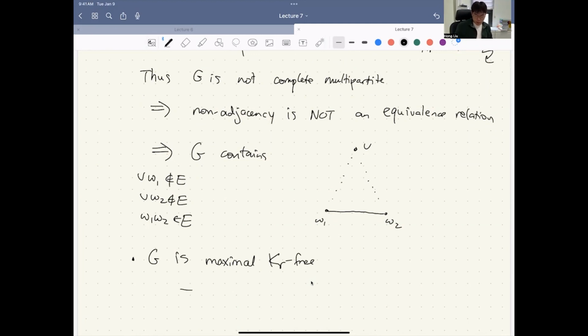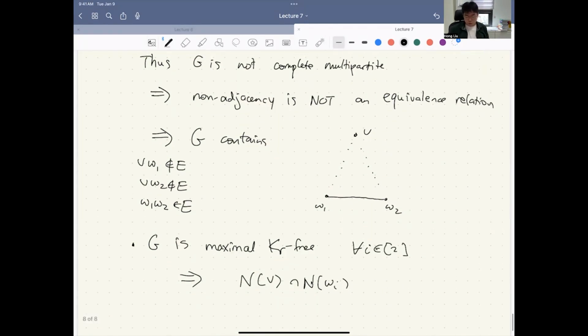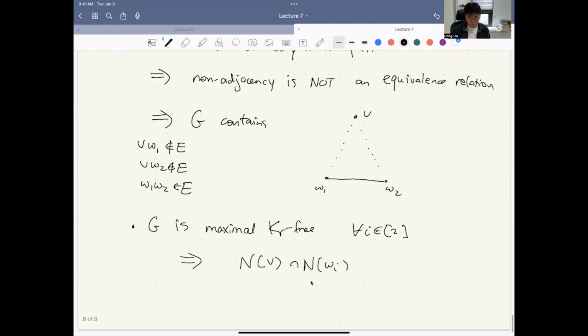This would imply that in the co-neighborhood of V and Wi, for i equal to 1 or 2, contains a copy of K r minus 2. So let me draw it.